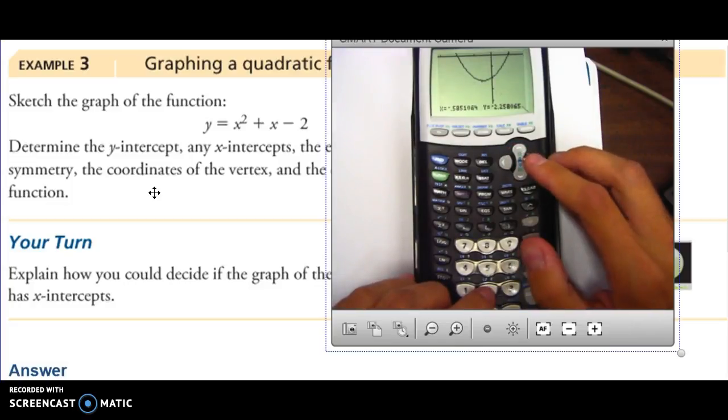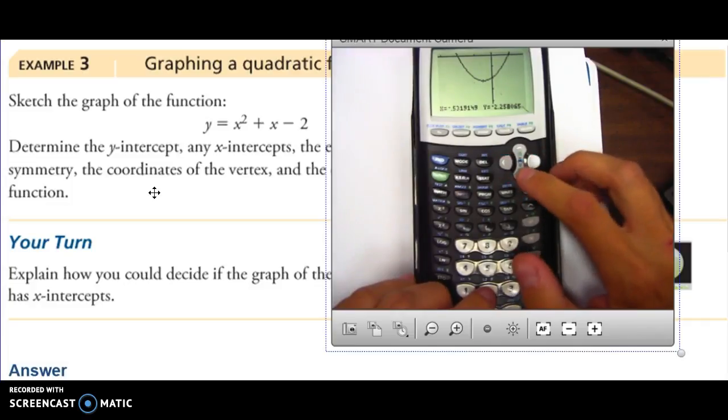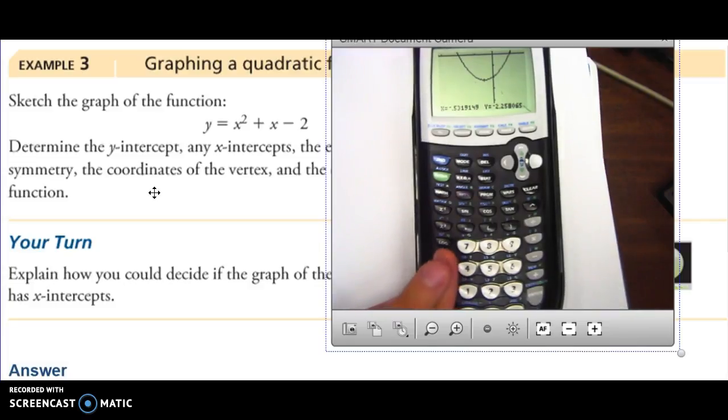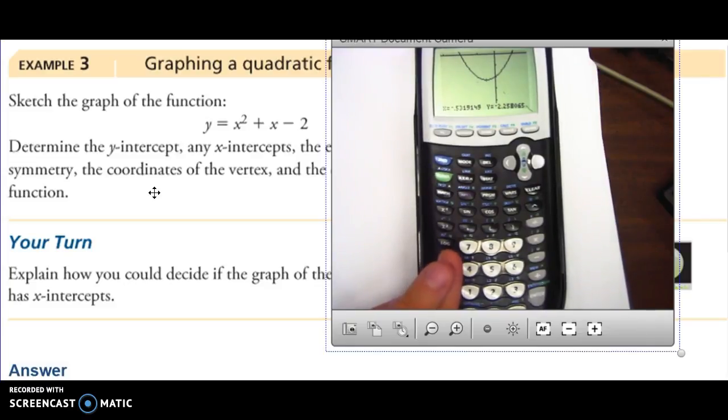This way we will be able to find the vertex of this equation, and it looks like the vertex is at -0.5 and -2.25, and therefore our axis of symmetry will be at x is equal to -0.5. So now, by using the graphing calculator, we have found all of these points.